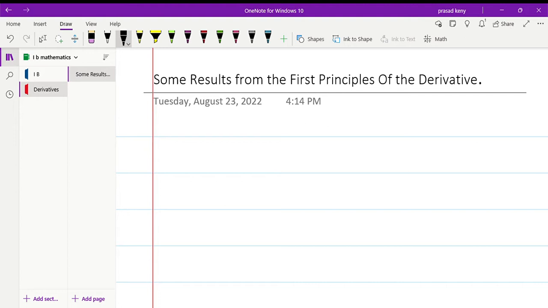So just to revise, what is the first principles of derivative? The derivative of a function f(x), that is shown by f dash x, is given by limit as h tends to 0, f of x plus h minus f(x) divided by h.